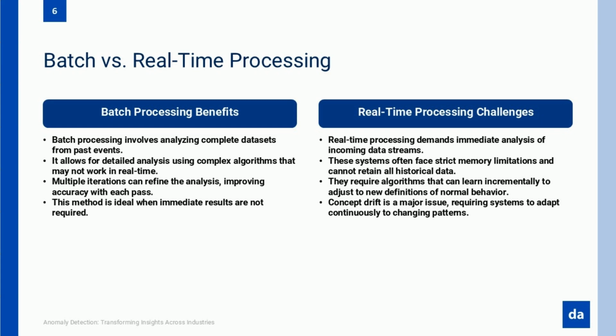Unlike batch processes that can leverage abundant computing resources, real-time systems operate under severe memory limitations. They can't store complete historical datasets for comparison. They can't run computationally intensive algorithms that might take minutes to complete. They can't pause for manual verification or reprocess data multiple times.